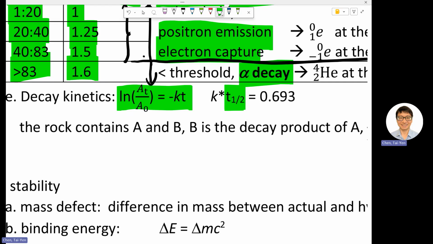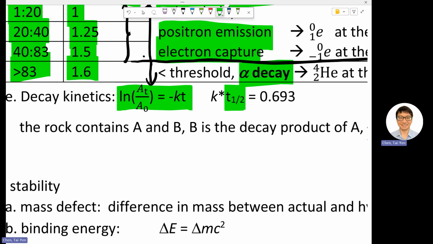Every time you see t half, all you need to do is first back calculate your decay rate constant k. That is a step you must do, because the final equation used will always be natural log A_t over A0 equals negative kt.